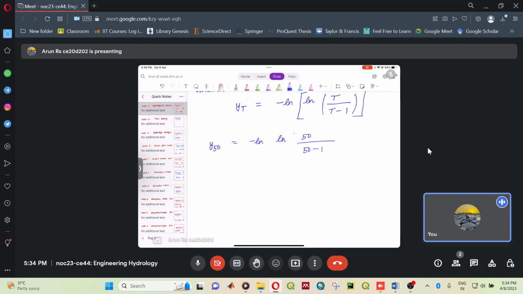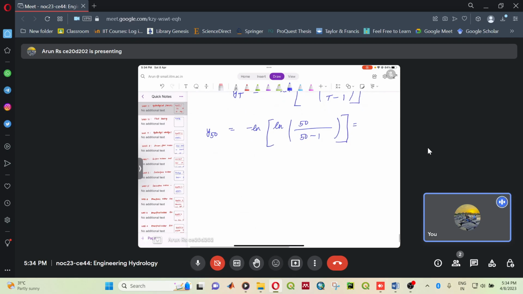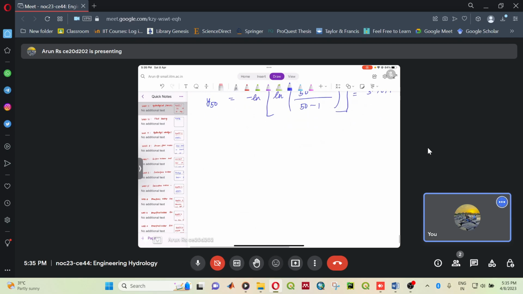So this is 50 by 50 minus 1. And if we compute this, this is equal to 3.9019. Similarly, we can compute for Y100, 100 by 100 minus 1. So this is 4.600.